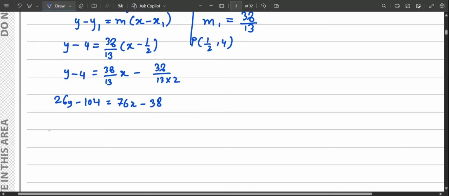Now bringing all the terms to the left would give us minus 76x plus 26y minus 104 plus 38 is equal to 0.